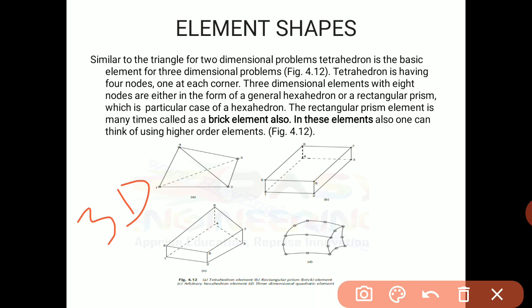This helps in finding the stresses for curved dams, stress distribution in soil, curved beams, and thick pressure vessels where problems are not idealized. So we can use three-dimensional elements here also.